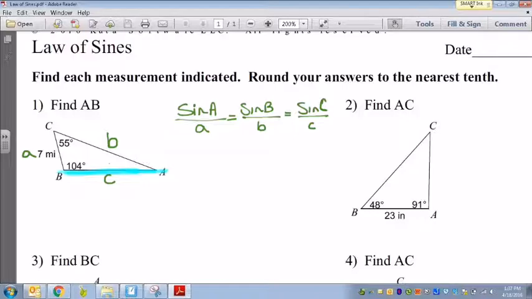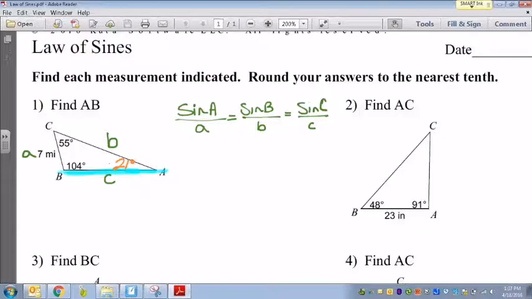Well, even though it's not a right triangle, we do know that all the angles inside of a triangle add together to equal 180 degrees. So if I add 55 and 104, which is 159, and subtract 159 from 180, I get an answer of 21 degrees. So that missing angle is 21 degrees.